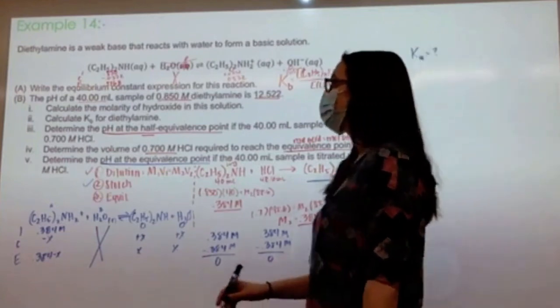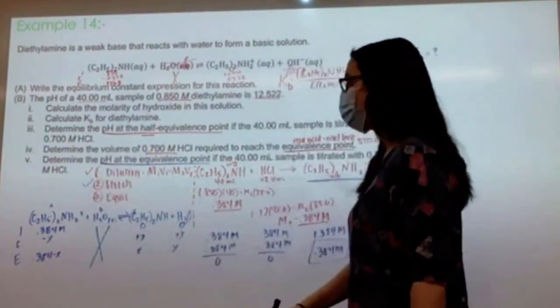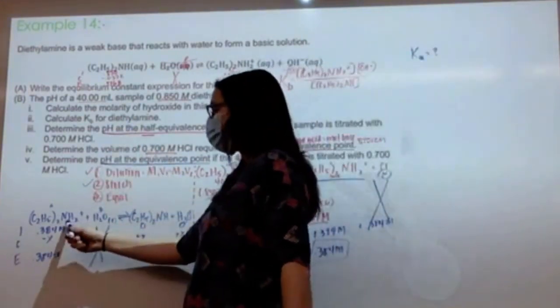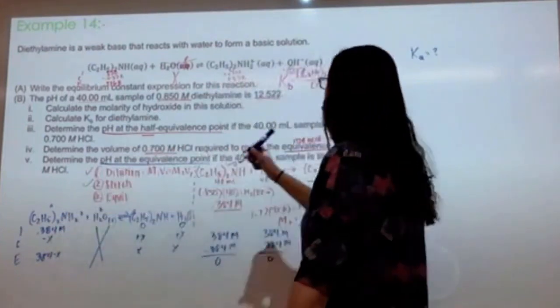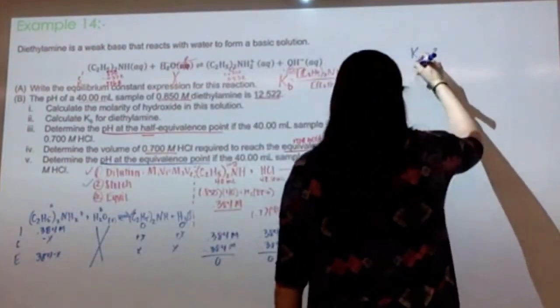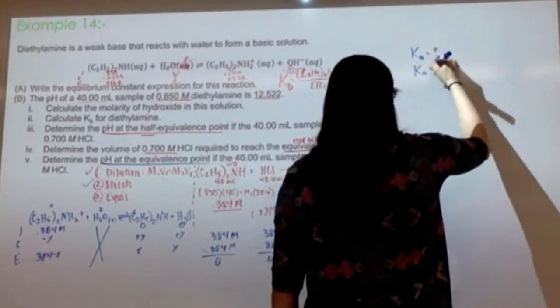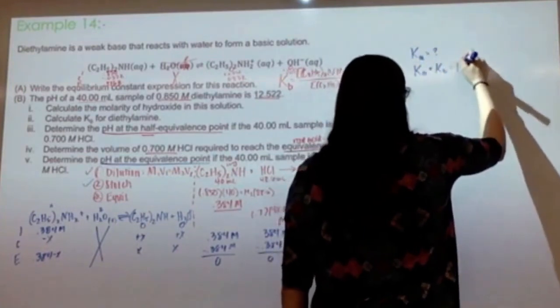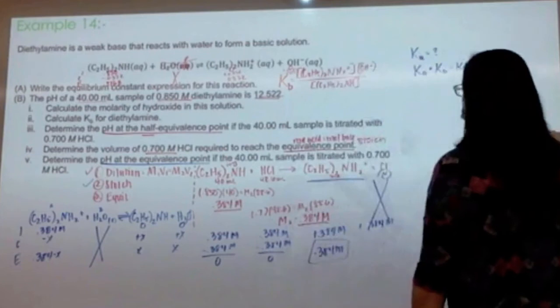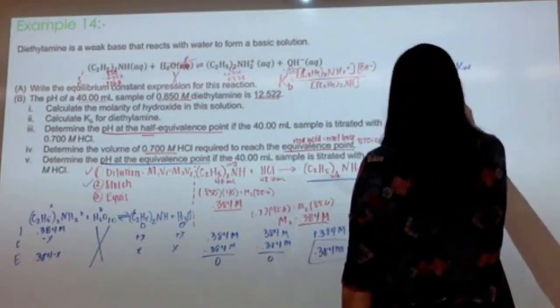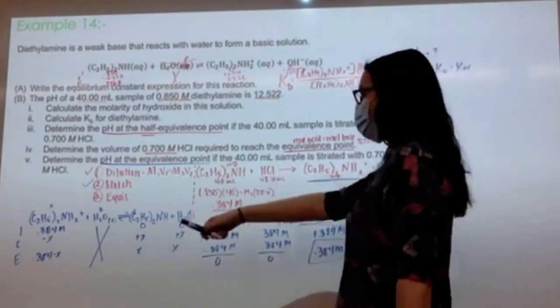However, we did calculate Kb for the base. Remember that Ka times Kb equals Kw. We're trying to find Ka for this conjugate acid.